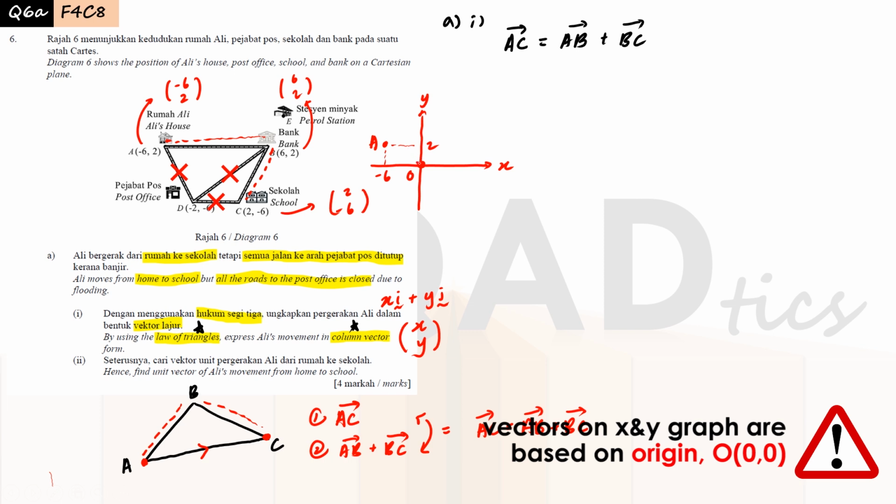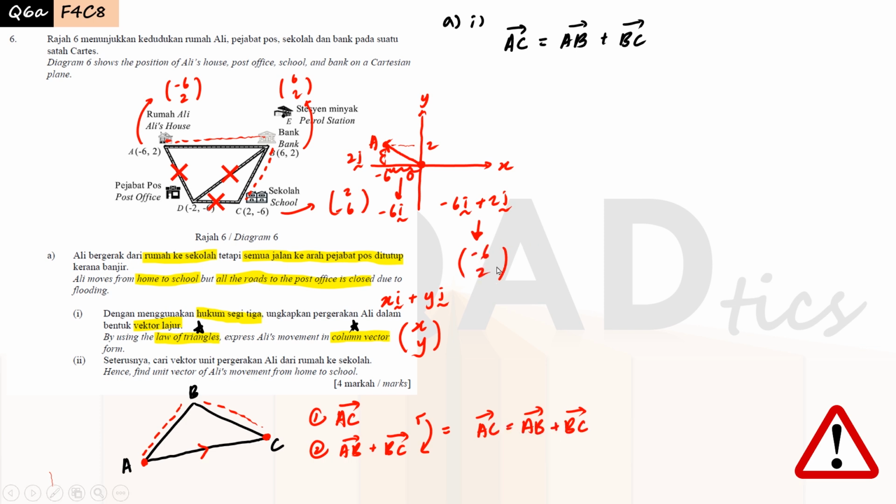So to find the vector, we always use O to A. Here we go 6 units to the left, so -6i, and up 2 units, which is 2j. So our vector here is -6i plus 2j. If we change it to the column vector form, it's actually (-6, 2), which is similar to the coordinate.